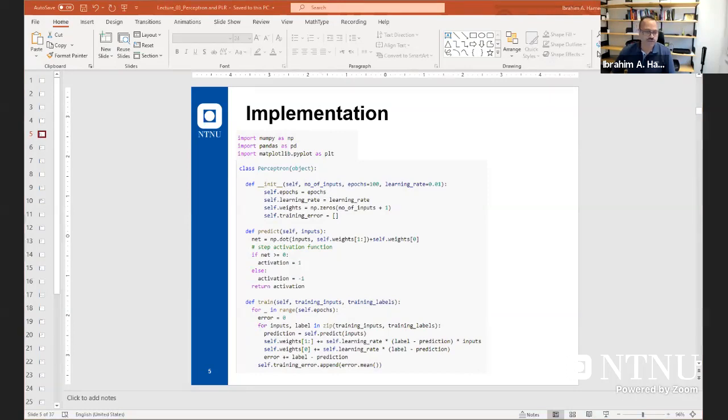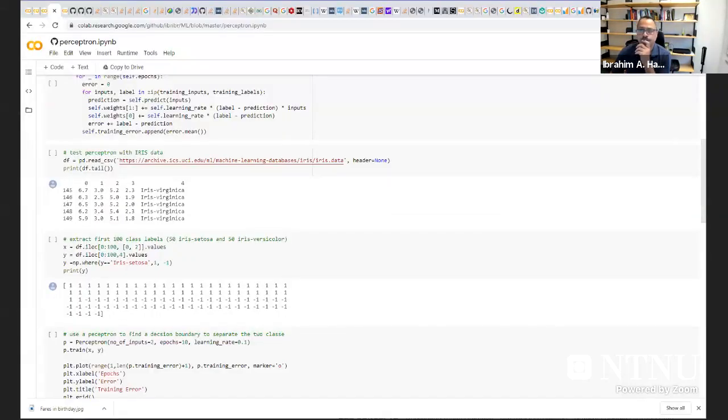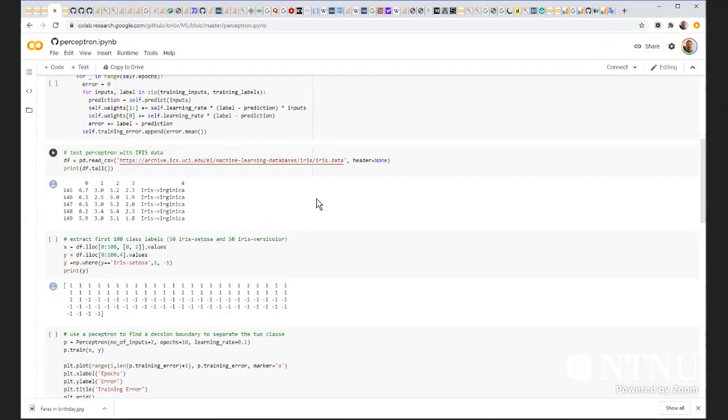Okay, I will share my screen with you. So can you see my screen? Can you see my Colab? Yes, we can see your screen.